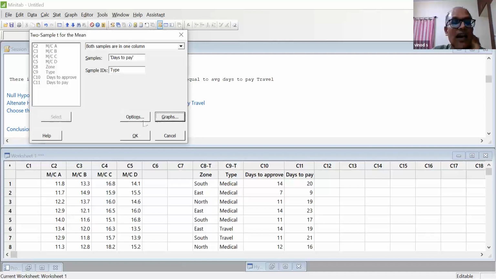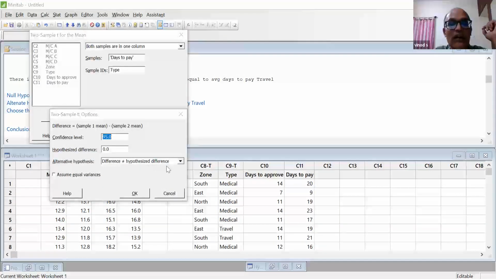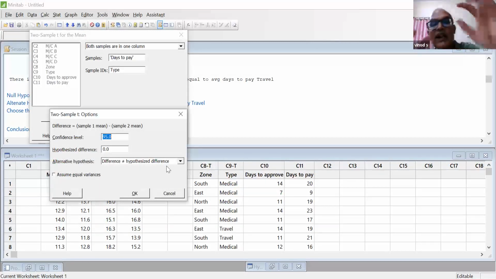And there is an option here. There is no more than or less than. Here it is not equal, because our alternate hypothesis says they are not equal. The suspicion statement says that only. We are suspecting that travel and medical are not equal. Either one we say is more or the other one is less.